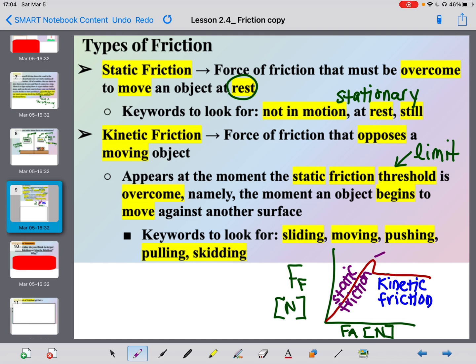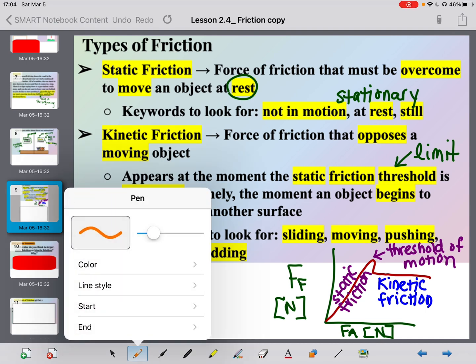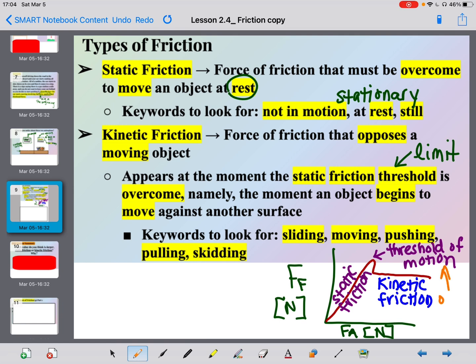And then right at this peak right here, we call that the threshold of motion. All that really means is at that point, that's where our object starts to move. So that means that we overcame static friction. Okay, so we broke the limit.